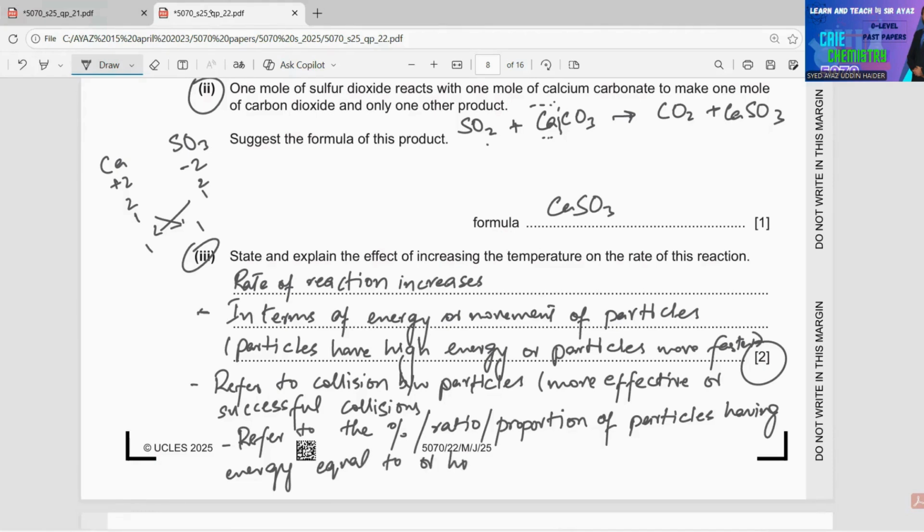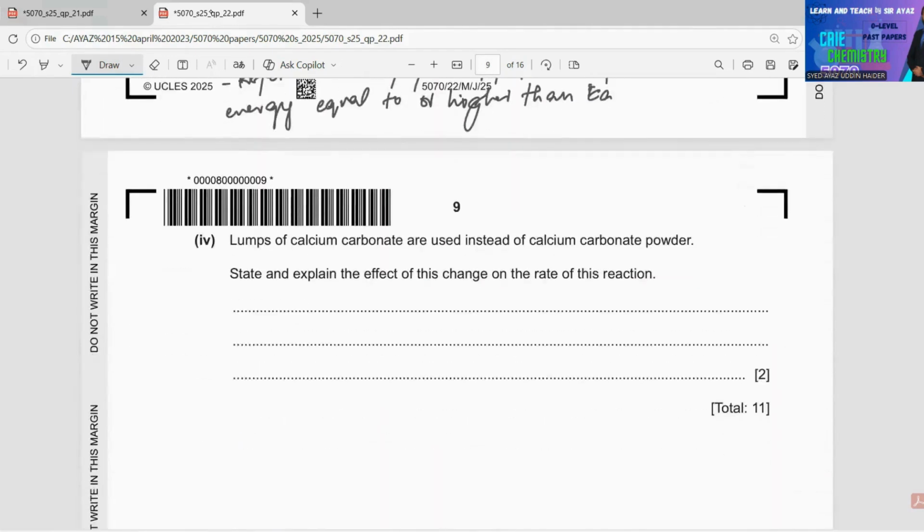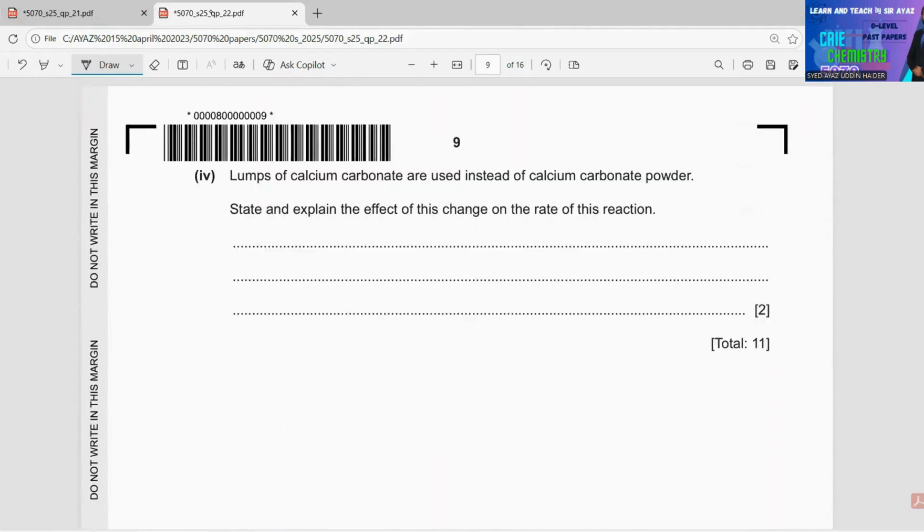EA is activation energy. So any two from these, then you will be able to get full marks in this question.